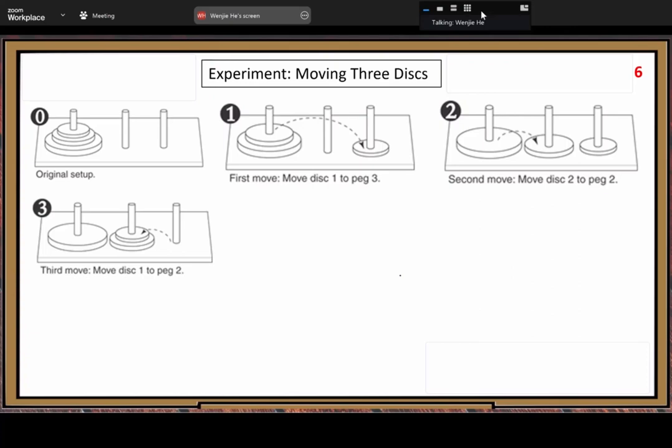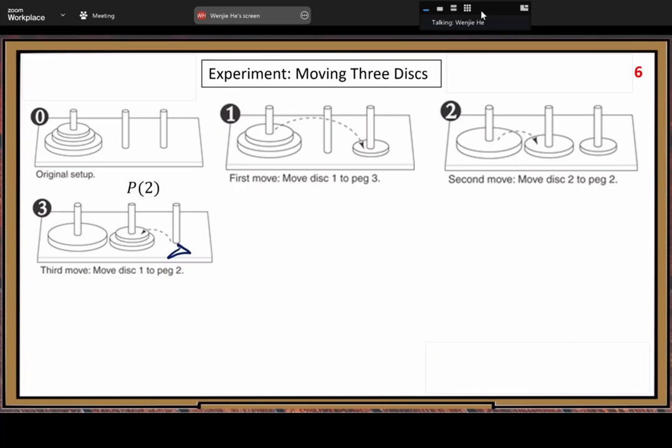Then we move the smallest disk back to the temporary middle peg. Because our destination peg is now empty, we can place the largest disk on our destination peg.